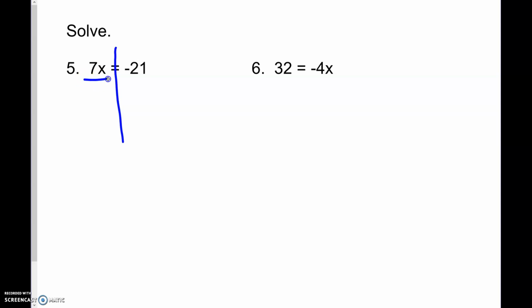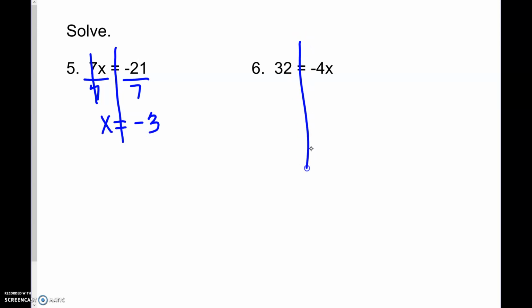So this fraction bar means divide by 7, divide by 7. So 7 divided by 7, this becomes a 1. And remember, mathematicians are efficient, so they're not going to write 1x. They just write x. And now negative 21 divided by 7 is a negative 3. So x is negative 3.